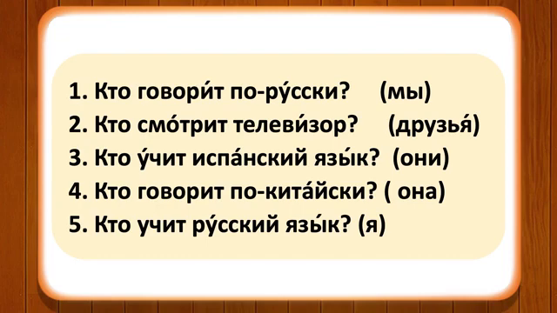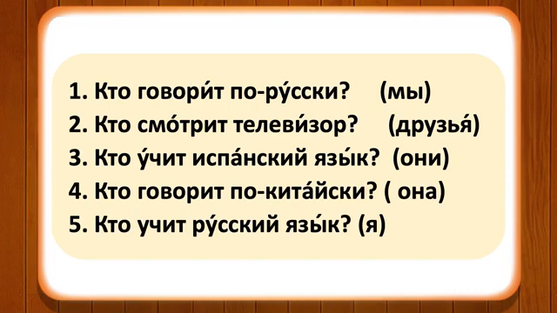The next question is кто говорит по-китайски? Кто говорит по-китайски? Она. Она говорит по-китайски. Here the form of the verb will remain same because она will take the same form. Кто говорит по-китайски? Она говорит по-китайски.